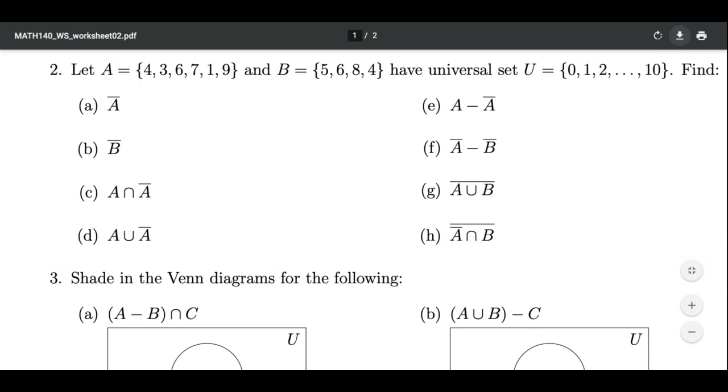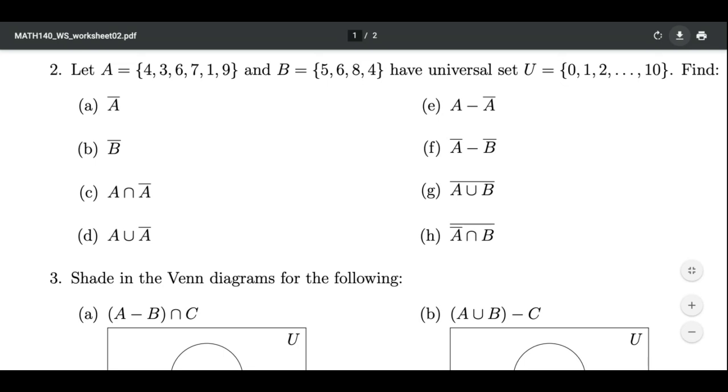Are those members in A complement but not in B complement? Which is 5 and 8, because you see 0, 2, 10 in both, right? All right. So, okay, G. All right, we've got G.